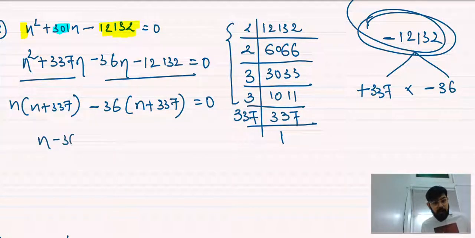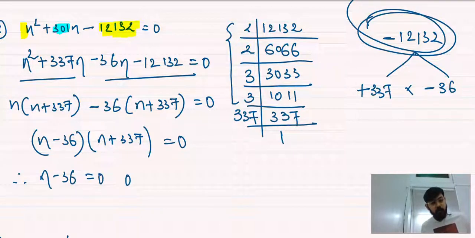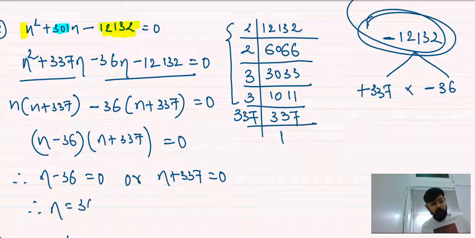So n minus 36 and n plus 337 is equal to 0. Therefore n minus 36 is equal to 0 or n plus 337 is equal to 0. Therefore n is equal to 36 or n is equal to minus 337.